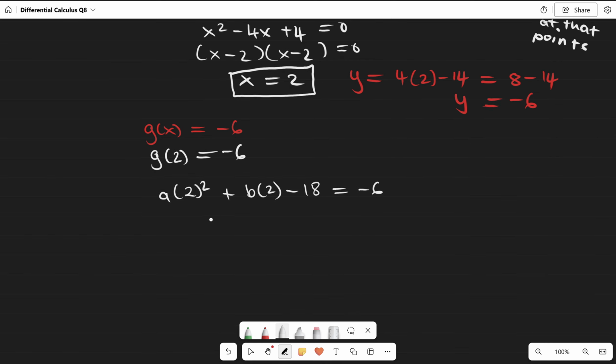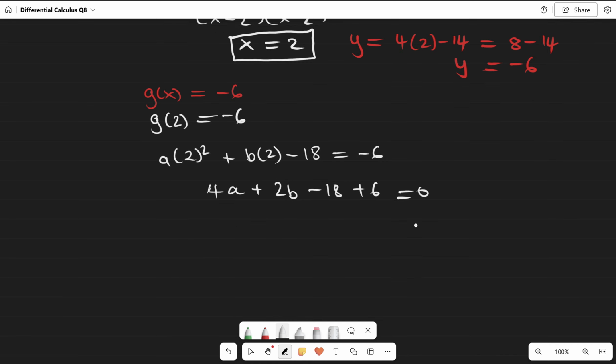So this is 4a plus 2b minus 18 plus 6. If we bring the 6 to this side, then all of that is equal to 0, right? So this is 4a plus 2b negative, this is negative 12.